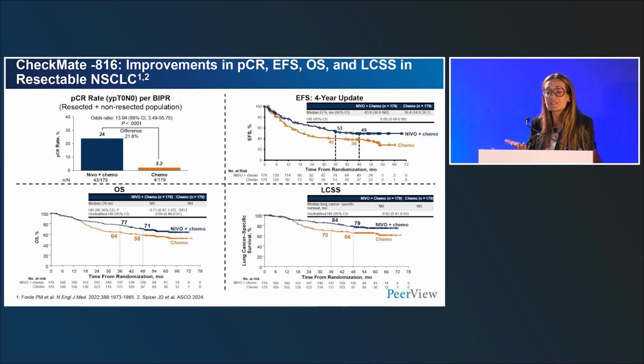You can see here the pathological complete response as one of the co-primary endpoints, which is defined as absence of residual viable tumor in the resected specimen and in the lymph nodes. So your entire surgical specimen: 24% with nivolumab plus chemotherapy for 3 cycles, as compared to 2.2% with chemotherapy alone.